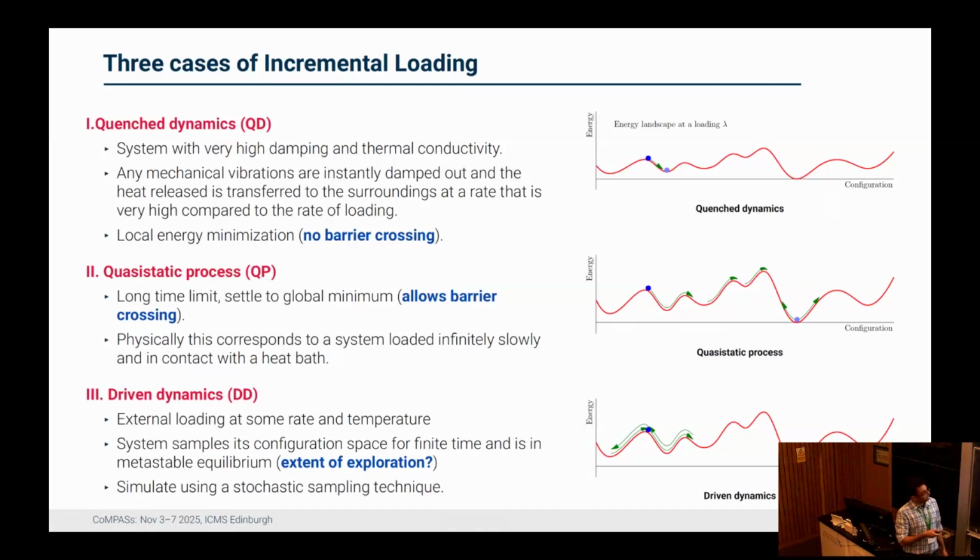The thing with driven dynamics is that the dynamics is happening on an evolving potential energy surface. So the amount of exploration that the system can do is limited by lambda dot, that is the loading rate. Now we have these three regimes. Let us use the equilibrium map and do the dynamics on it.